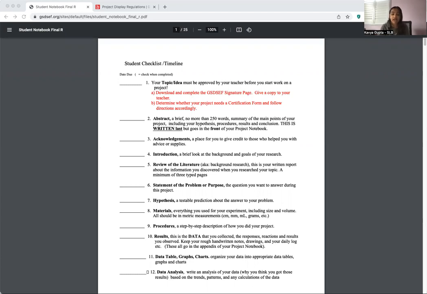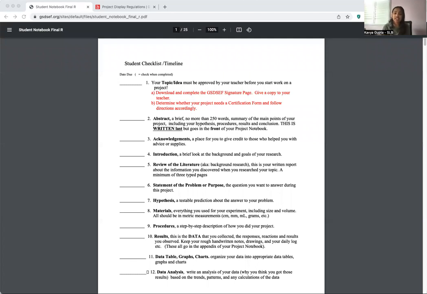So the day before the actual fair judging, you're going to be screened for all the materials that you bring in. So your Science Fair notebook should be included in this. And the format of this is usually a binder in which you print out all of the pages of your notebook and put it in. Sometimes people choose to put it in different sheets of paper or different sheets of plastic. Sometimes people put it in directly, but that's up to you.